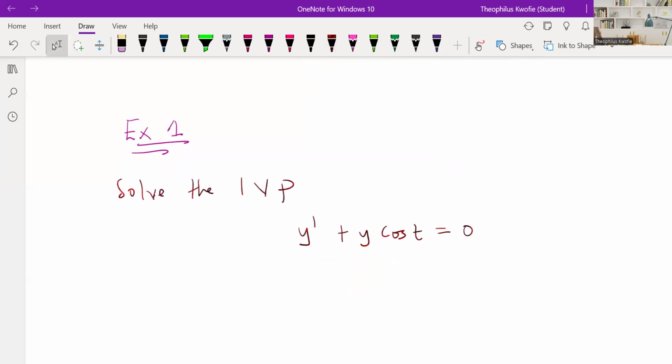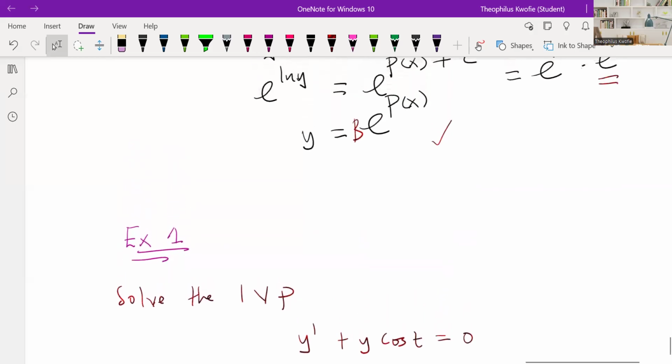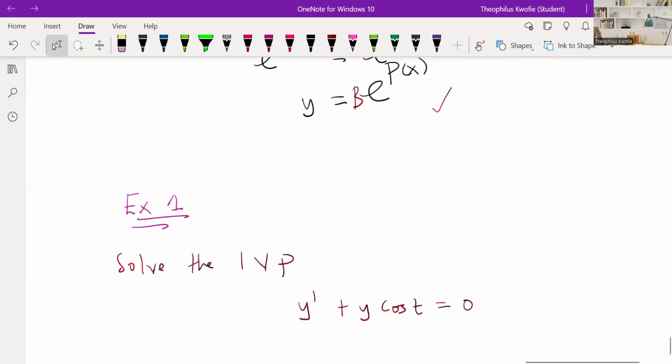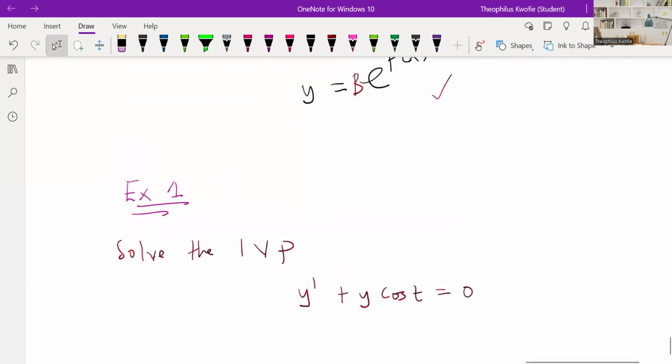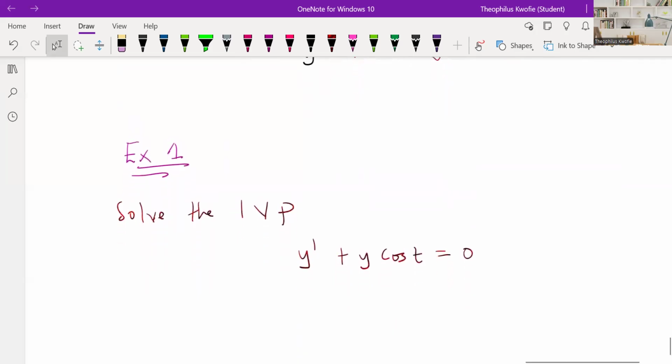Now we said that such a problem is separable, and we looked at it from a different angle. Now let's start to solve this.